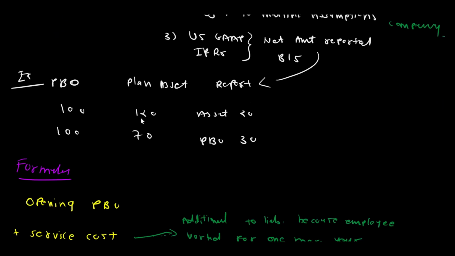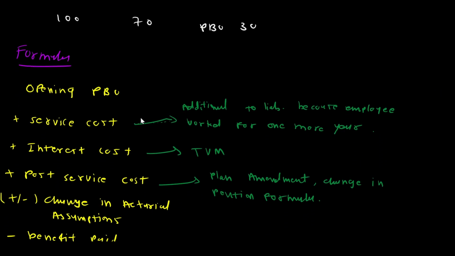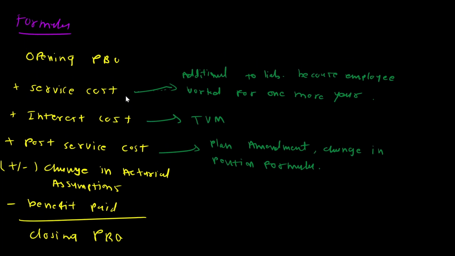One thing is reported: the difference between the two. So the formula to calculate the closing PBO: opening PBO plus service cost. Service cost is an addition to the liabilities because the employee works one more year, and they need to pay one more year of pension to the employees, so it will be added.